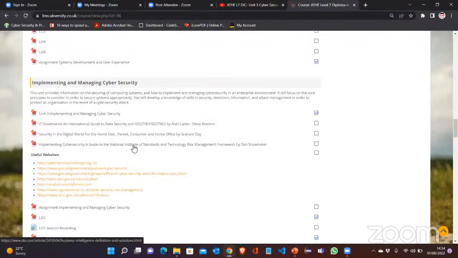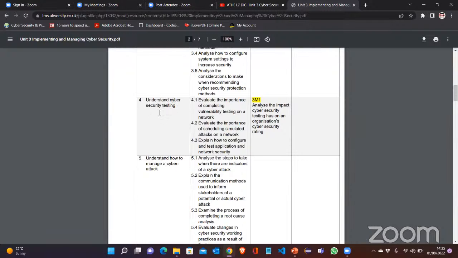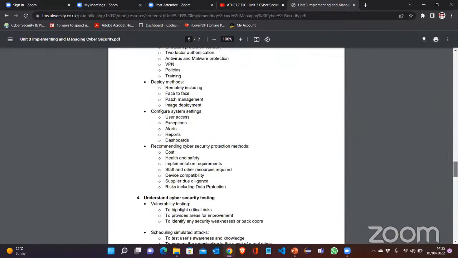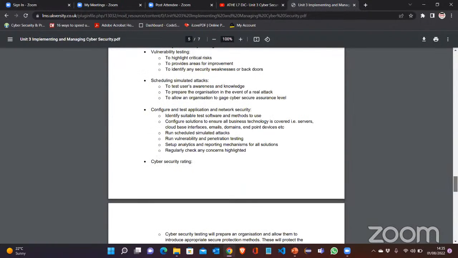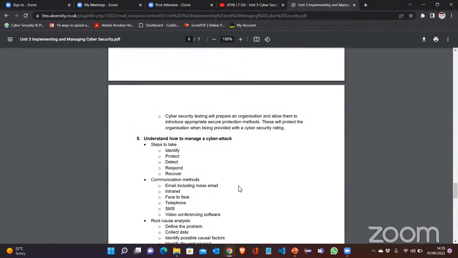So in the next session, we're going to understand cybersecurity testing, where our learning outcomes are going to be vulnerability testing, scheduling simulated attacks, configuring and testing application and network security, and cybersecurity rating.